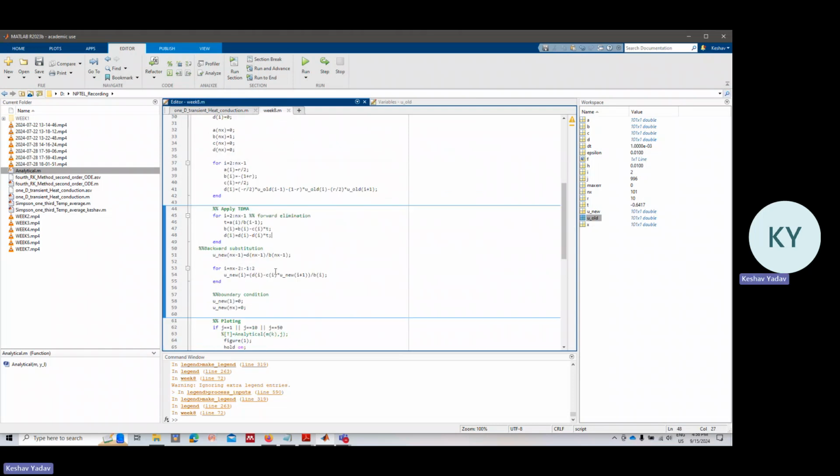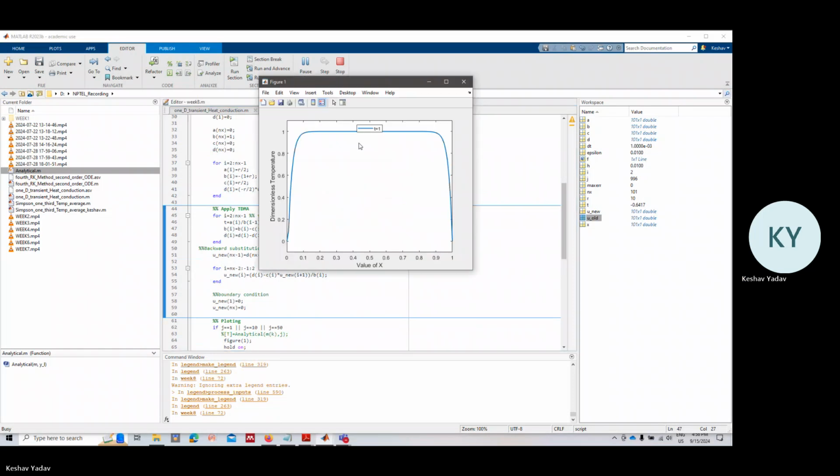Okay, this will be d not di, this will be di minus 1. So in TDMA, this will be di minus 1. There it will come from di minus 1. Okay. Now it will go here. See, it is giving the right result.